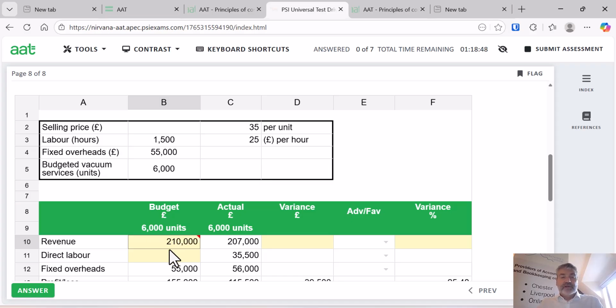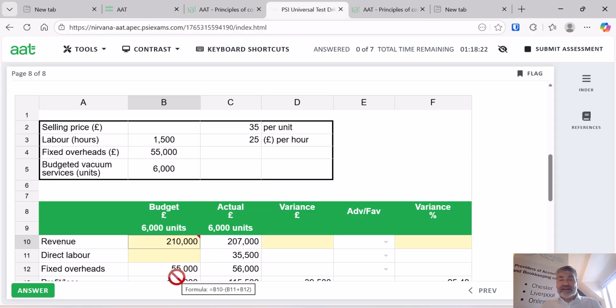Hit return, and I get the answer of 210,000. I can just check it on a calculator, make sure I've got it right in terms of the formula input. 210,000. We can see a little red triangle come up in the corner there. If we hover over that, it actually shows the formula that we've put in.